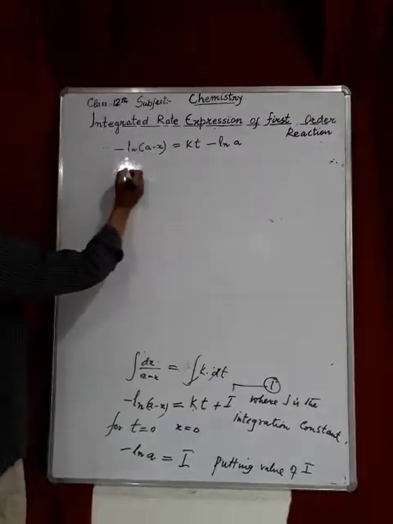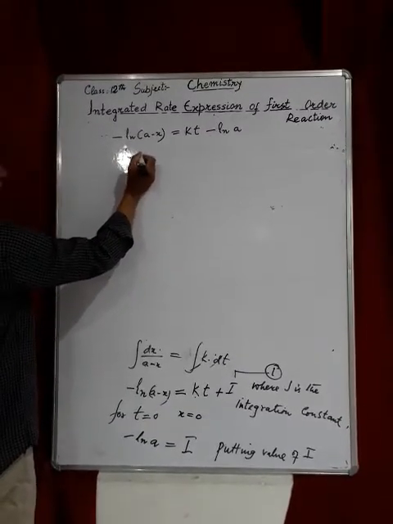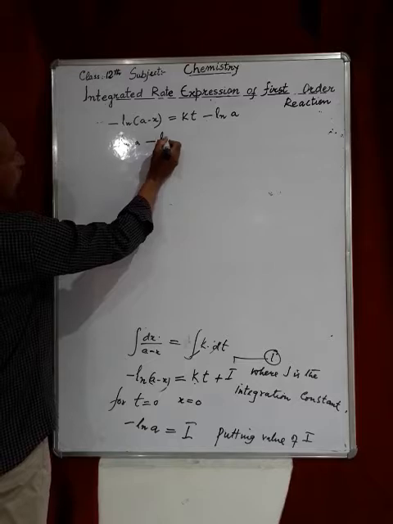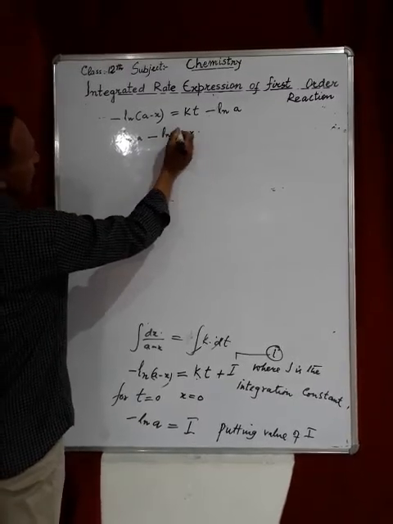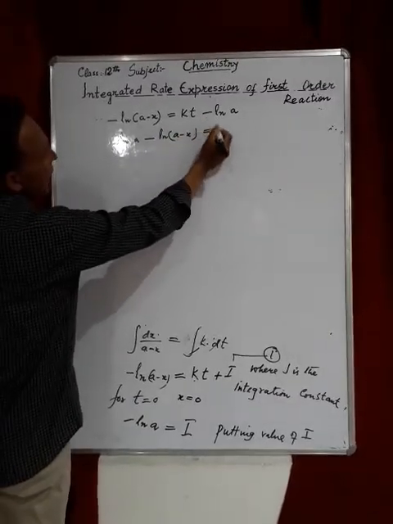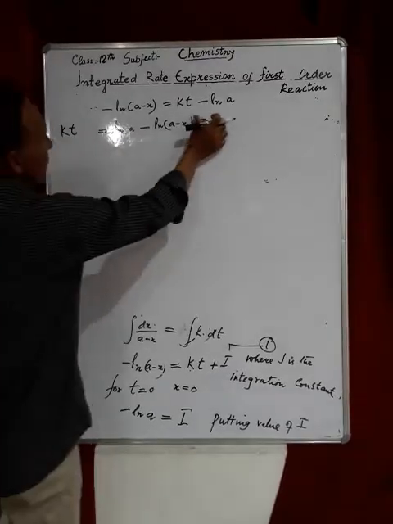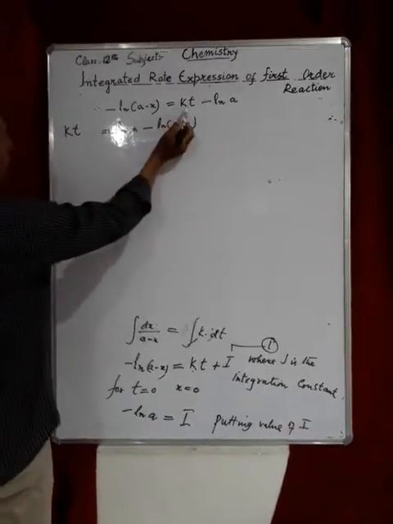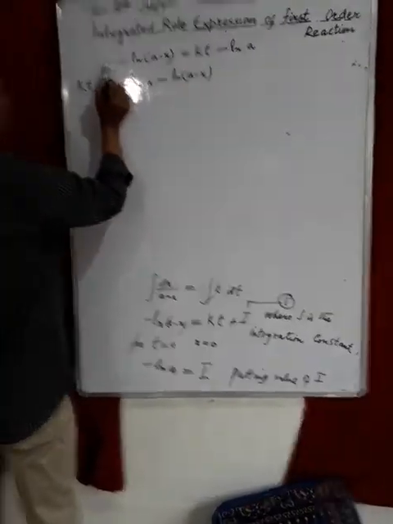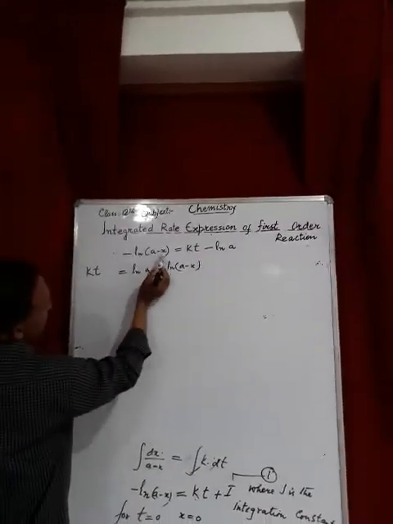Taking log natural A to this side, we get log natural A minus log natural A minus x is equal to kt, or we can write it like this, kt is equal to log natural A minus log natural A minus x.